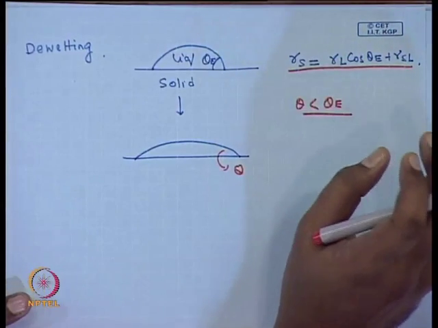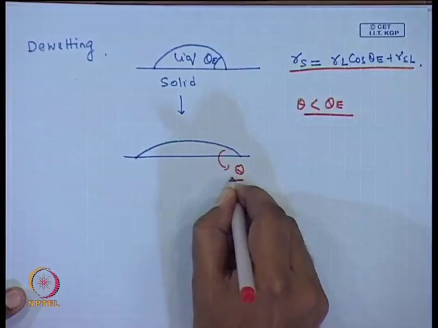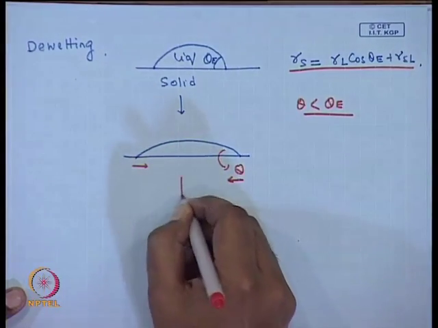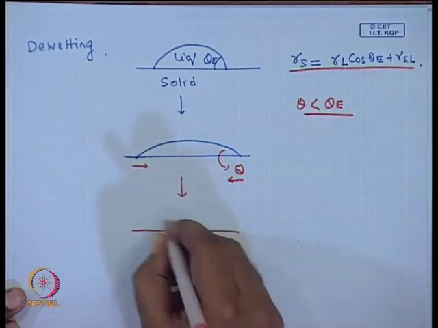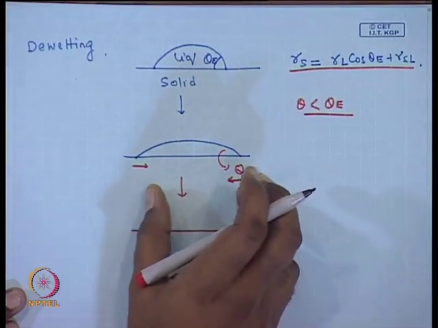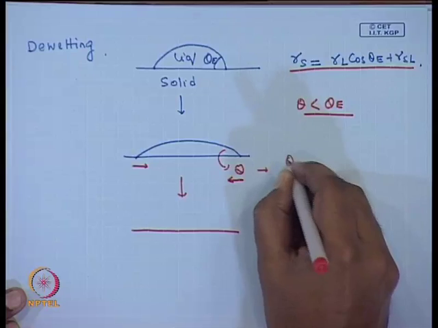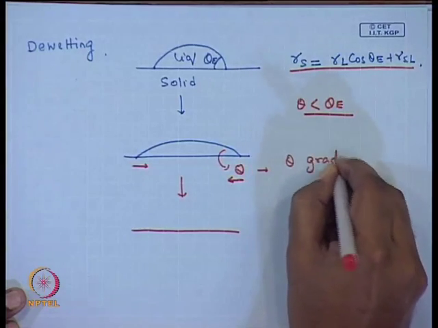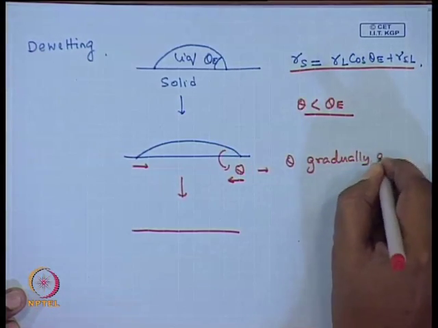So, there is an imbalance, and this imbalance in energy eventually results in the retraction of this contact line. So, it retracts, which means that theta gradually goes up.